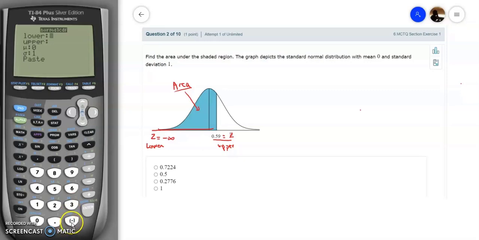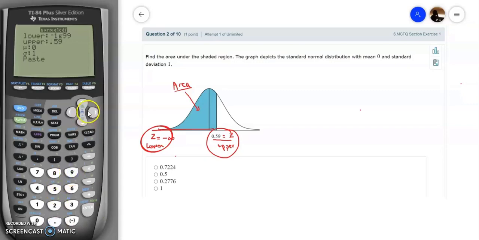You go to the minus sign, then the 1, and for the exponent, you go to second and comma, and you see the double E there, that's the exponent. Then 99. As simple as that. So I just plugged in the lower end, and then I'm going to go to the upper end, which is 0.59.